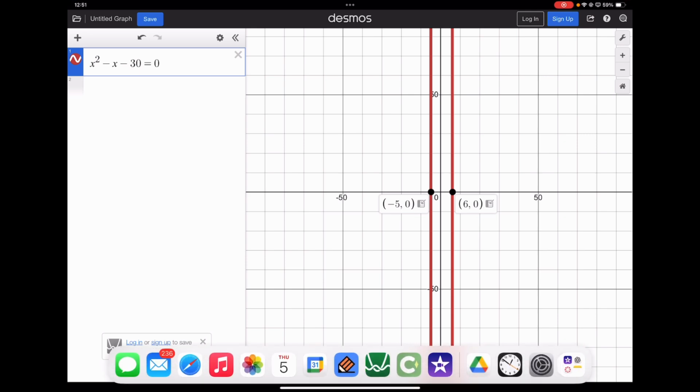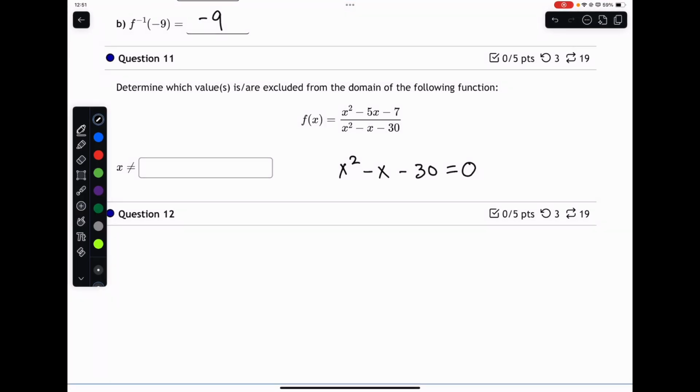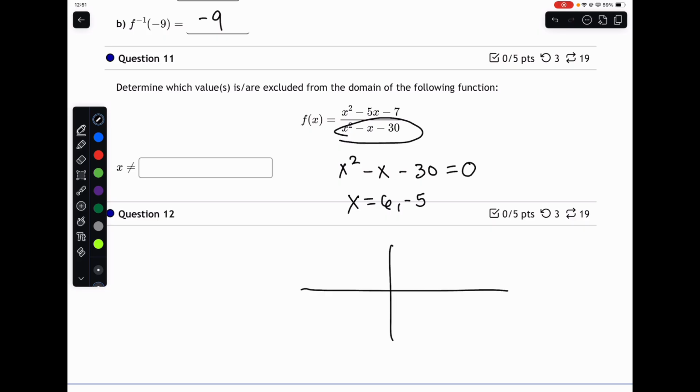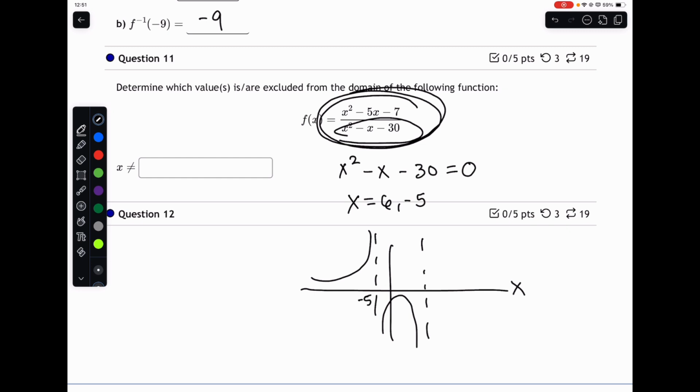Since these are the numbers that make the denominator of this rational function equal to 0, positive 6 and negative 5 are the numbers that get excluded from the domain. If I graph this entire thing, the graph would be broken apart and would have gaps, one at -5 and the other at +6.